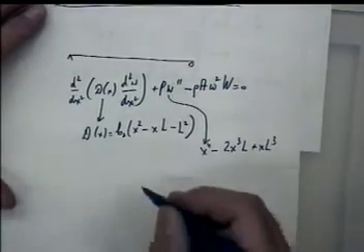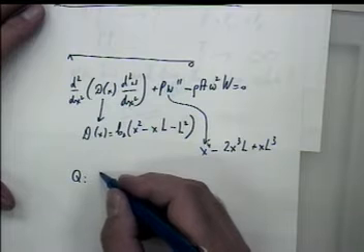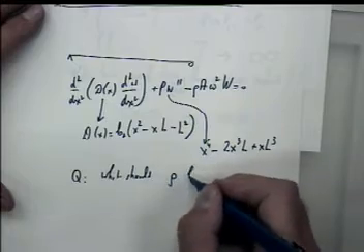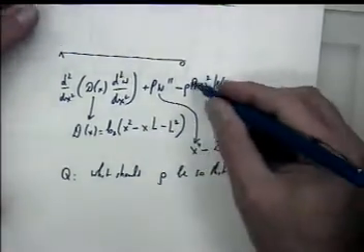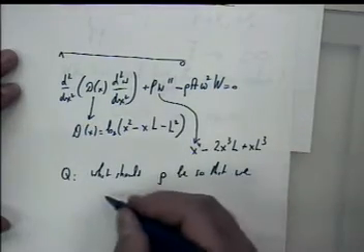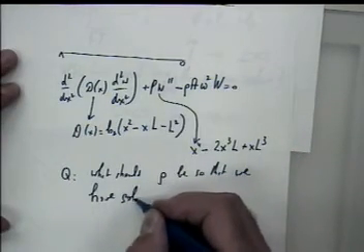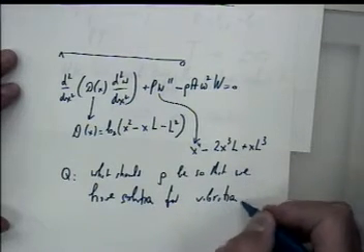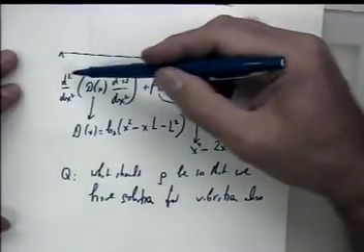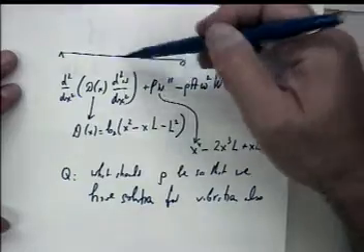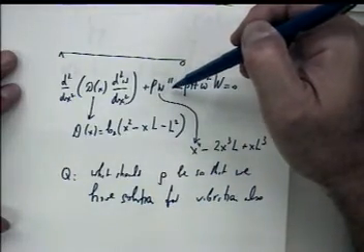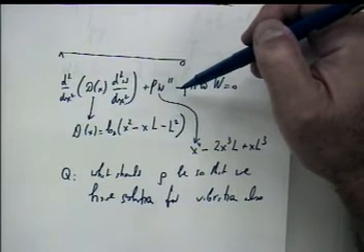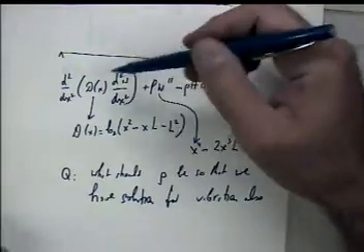The question is, what should rho be so that we have a solution for vibrations? Is it right? We have to calculate what expression is coming here. But this expression, no, I don't think that it will work.